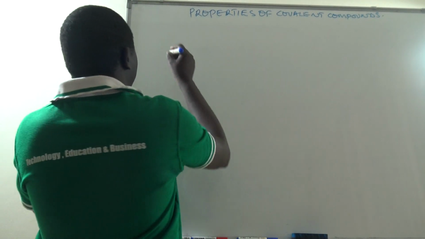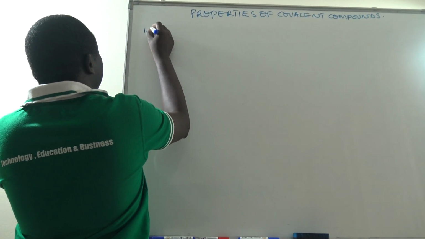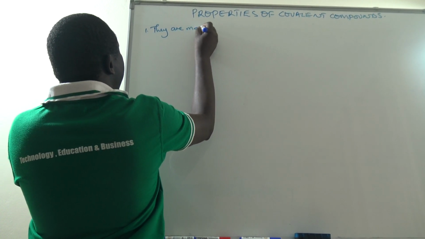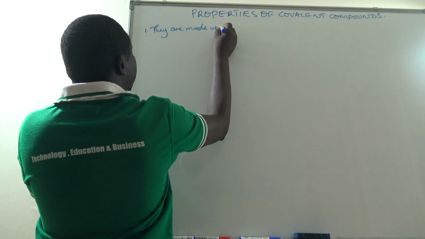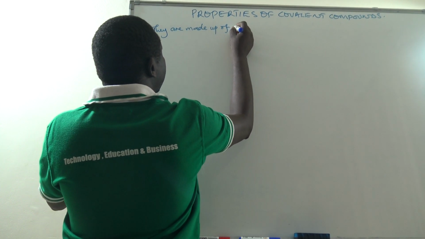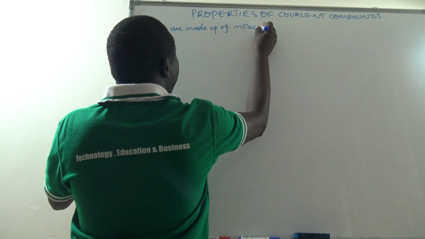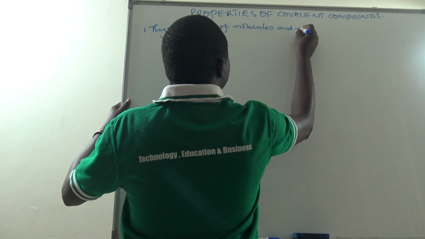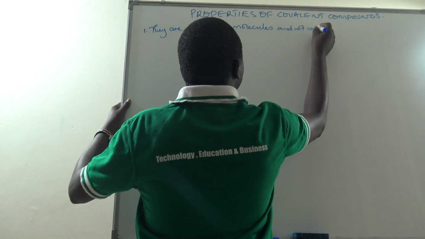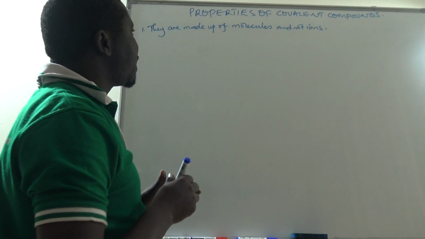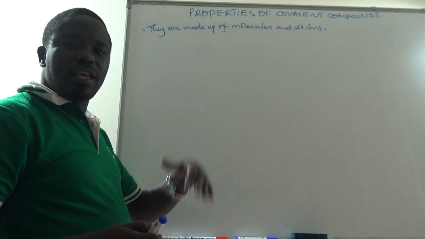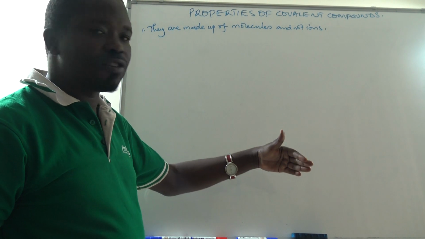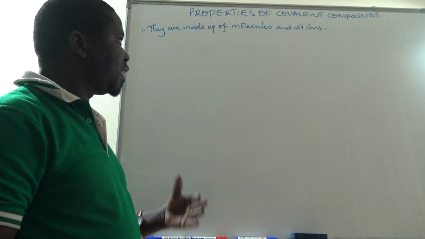Properties of covalent compounds. One, they are made up of molecules and not ions. We say that in the formation of a covalent compound, there is equal contribution of the bonding electrons and then sharing of those electrons by the atoms of the nonmetals.